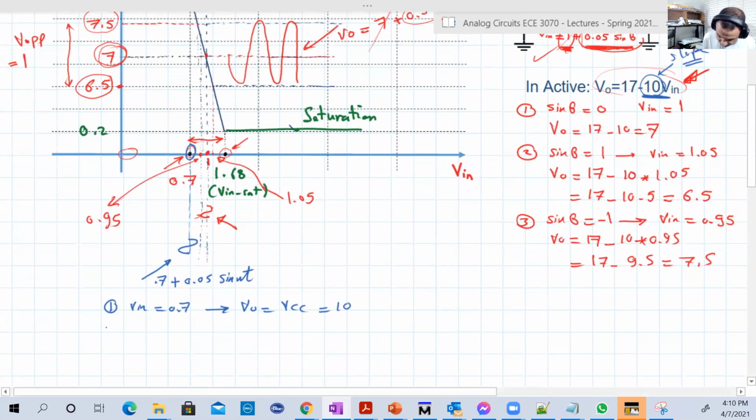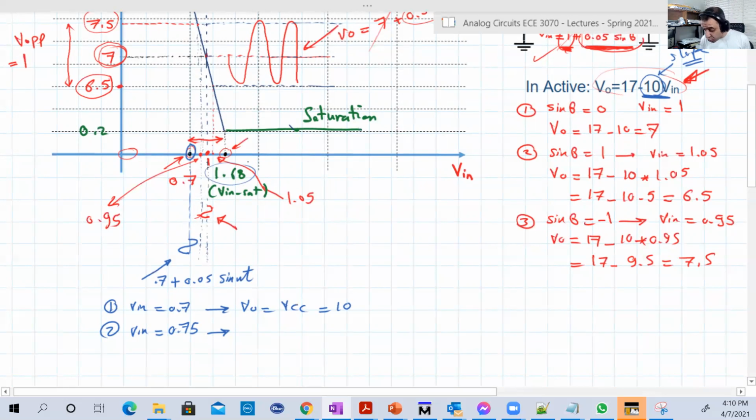Good. Number 2, when V input is maximum, equal to 0.75, yes. When sine omega t is equal to 1, this will be 0.7 plus 0.05, it's 0.75. So at that time, we are higher than 0.7. At the same time, we are less than 1.68, the input set.